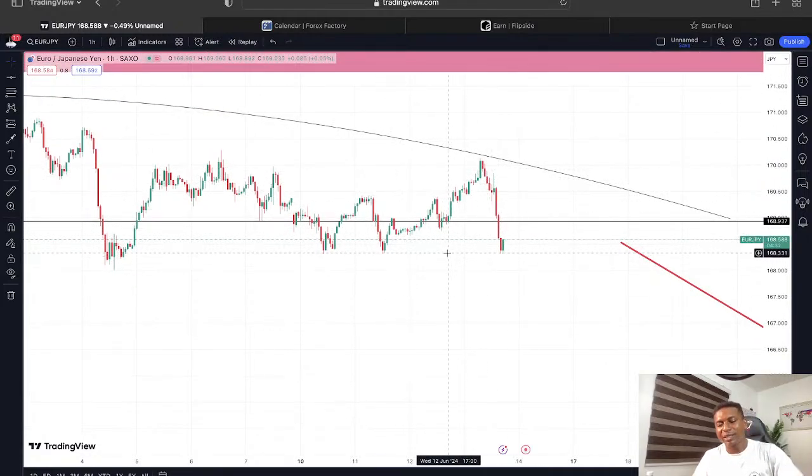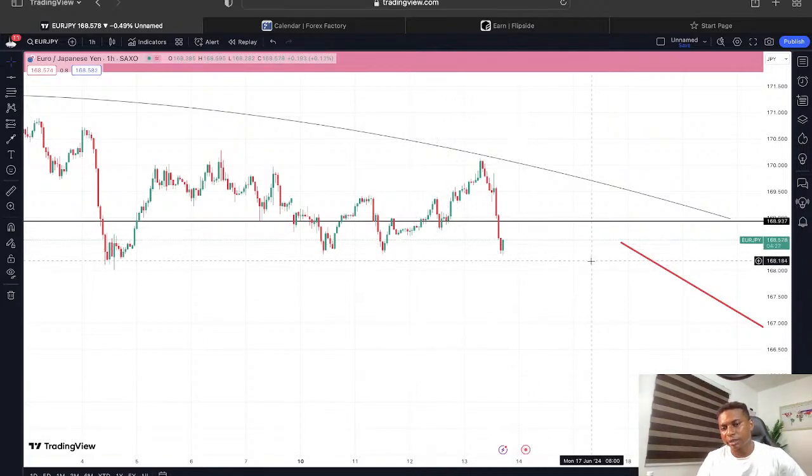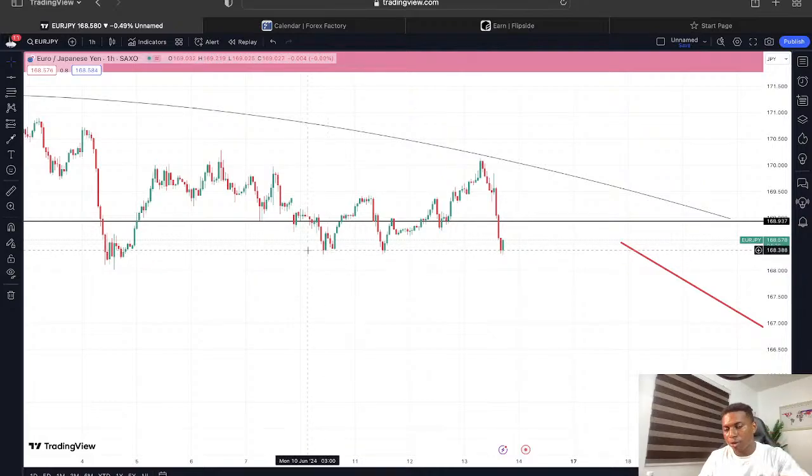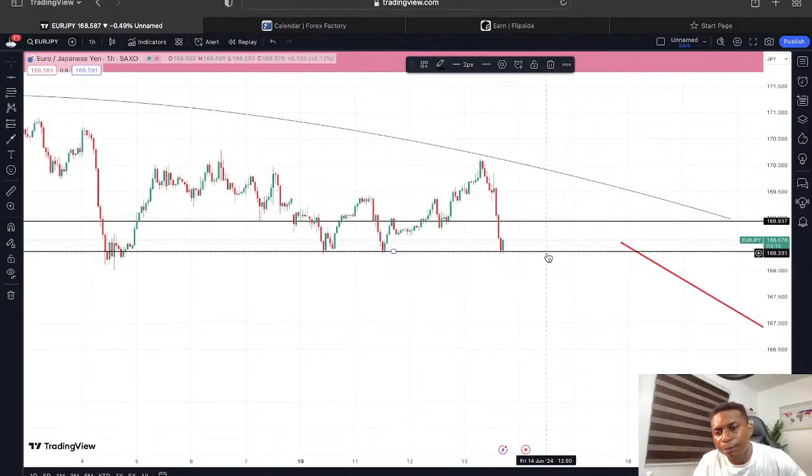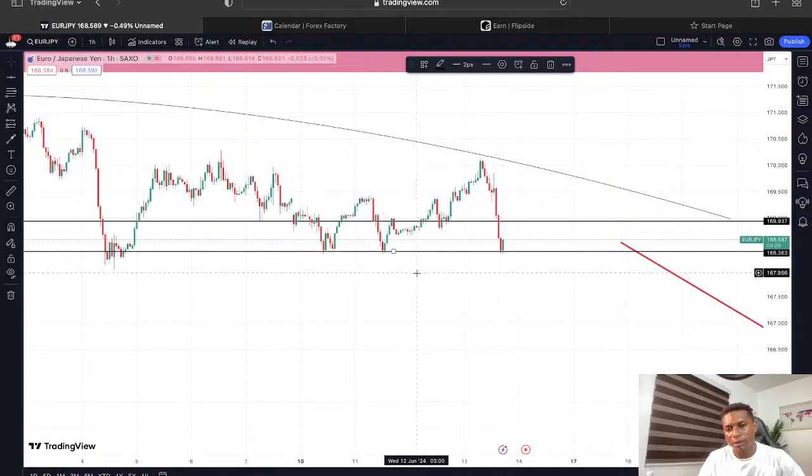Like I said, you don't have 100% control of the market, but you can control the outcome. So when you enter a sell, you can put a sell limit at this level, 168.363.